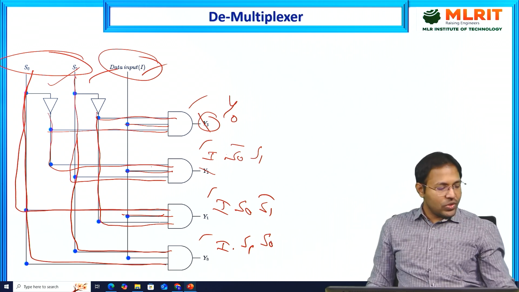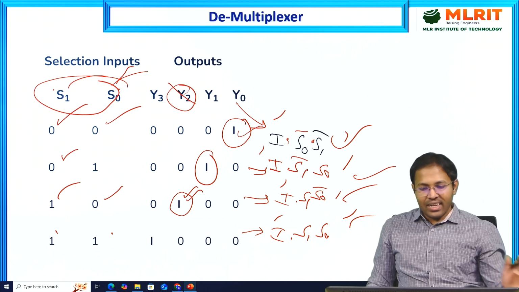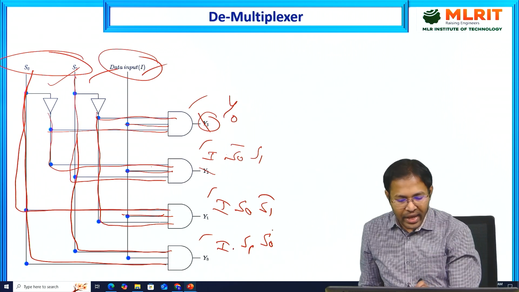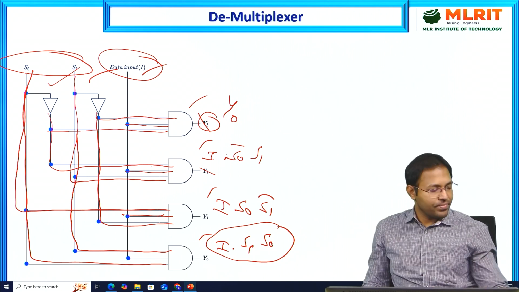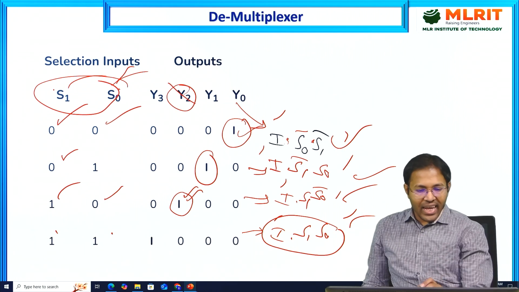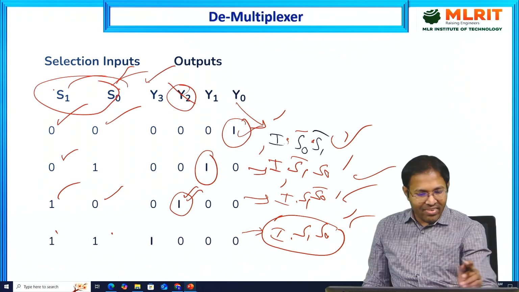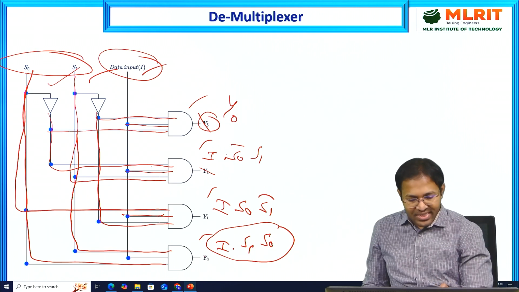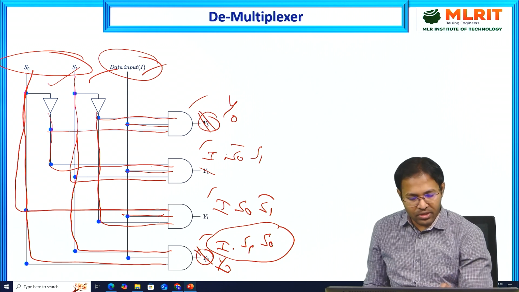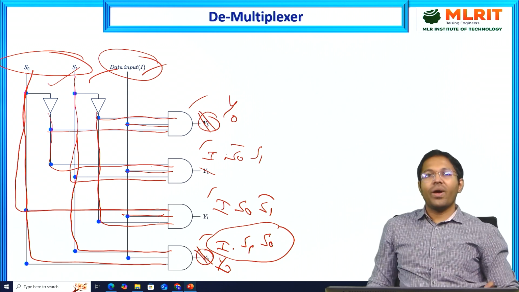So usually there is no issue with the first and last cases. I S1 S0, and in this case it is given for Y3, which means this is actually taken as Y3. So no issues in terms of Y0 and Y3.